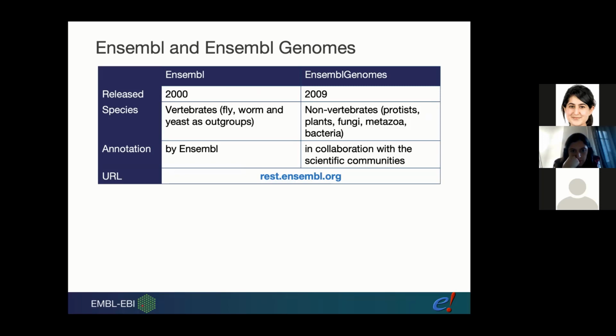So we input information from external sources. For example, for Drosophila, we input it from FlyBase. However, there's only one REST server to rule them all. Sometimes if you're working with non-vertebrates, you have to specify some additional optional parameters, but we will talk about this later on.